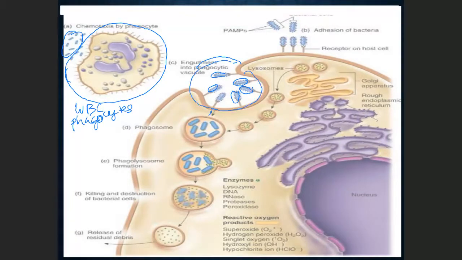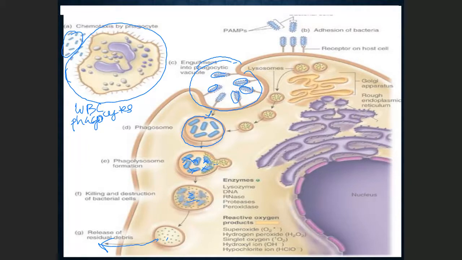When it is eaten, it enters into the cytoplasm, and in the cytoplasm, in this vesicle, the phagocyte will produce lysozyme, and this lysozyme will destroy the bacteria. This is the bacteria being destroyed, and finally it is dead and can be removed from the cell.